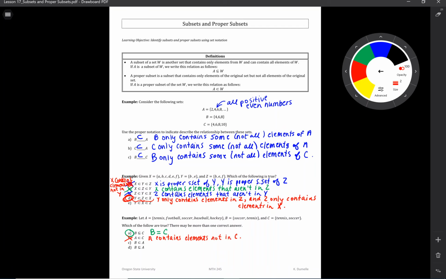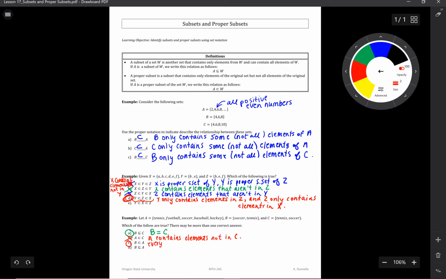Okay, what about letter C, which says B is a proper subset of A? Does B only contain elements in A? Well, yes, every element in B is also in A, so C is true.